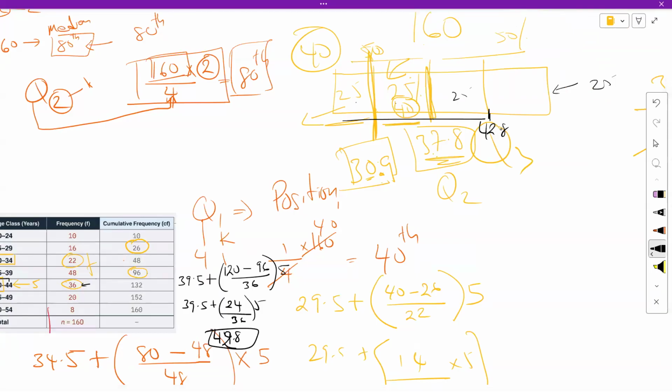The top 25% means 40 employees, the most senior employee group.